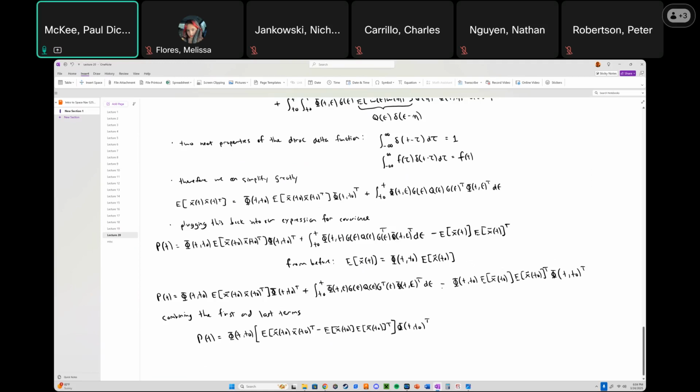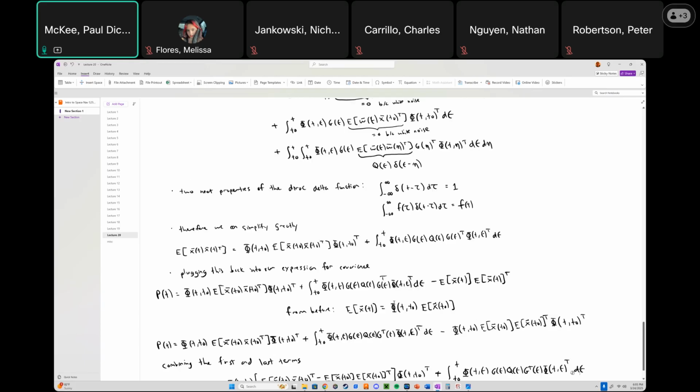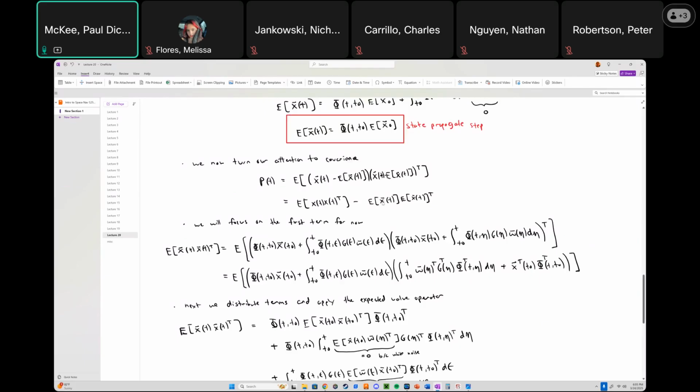And then we've got our integral term, which I'm not going to copy paste. I'm going to write it out in solidarity, is phi from epsilon to t, g of epsilon, q of epsilon, g of epsilon transpose, phi epsilon to t transpose d epsilon. Okay, here is where things get pretty nifty. So remember, our definition is expected value of state, state transpose minus expected value of state, expected value of state transpose.